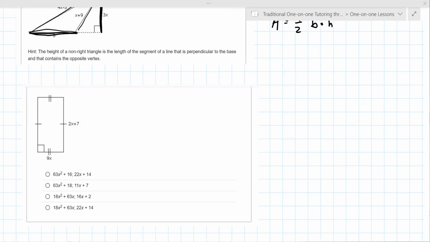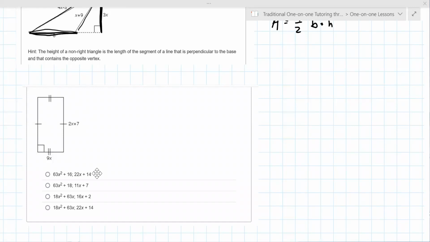Let me know when you come up with the correct answer. $22x plus 14. Okay, I agree.